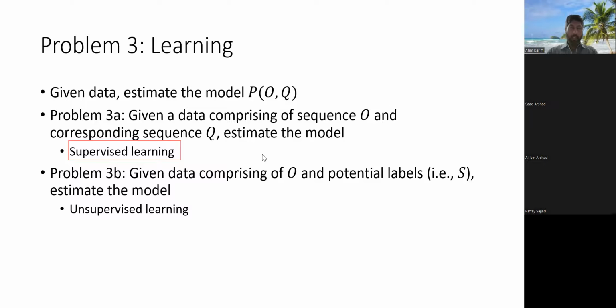And problem 3B is semi-supervised learning. In this case, we only have running text, meaning that "I study at LUMS" and all such words written in English. And we have the tag set only, not the labels, meaning that we have the possible set of tags only and just the running text, and we would like to again learn the model.